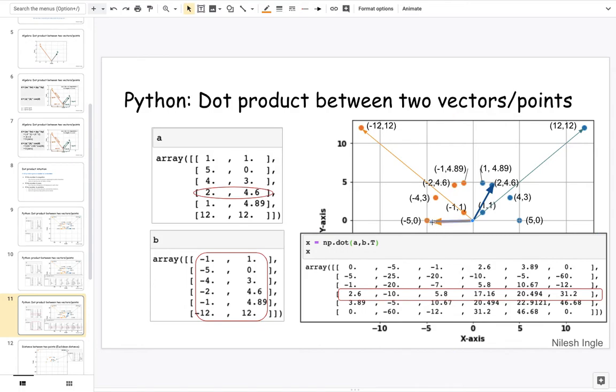And from other values we can see that number 31 is the highest, and 31 is for the point minus 1 and 4.89, which would be this point.